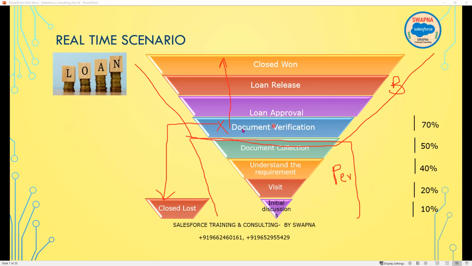Now at 70%, it may go to closed lost. From 70%, if the loan is approved, then it is almost done, 90%. Once the loan is released, 95% is done. Then finally there is 5%. Why that 5%? After the loan is released, the person taking the loan has to sign on the papers.